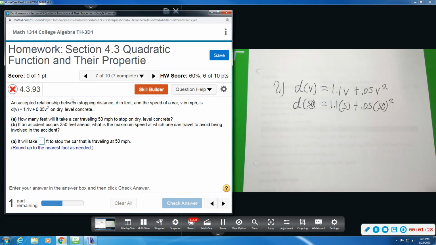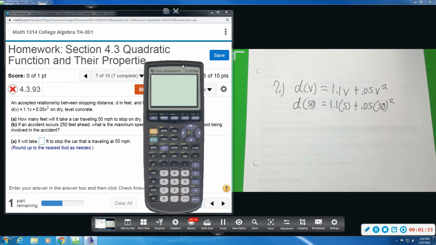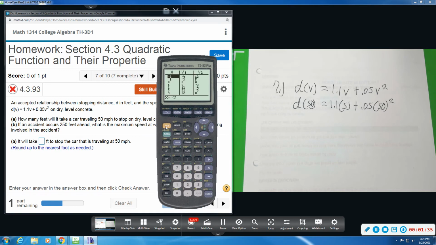And we'll just compute this. So 1.1 times 50 plus 0.05 times 50 squared.